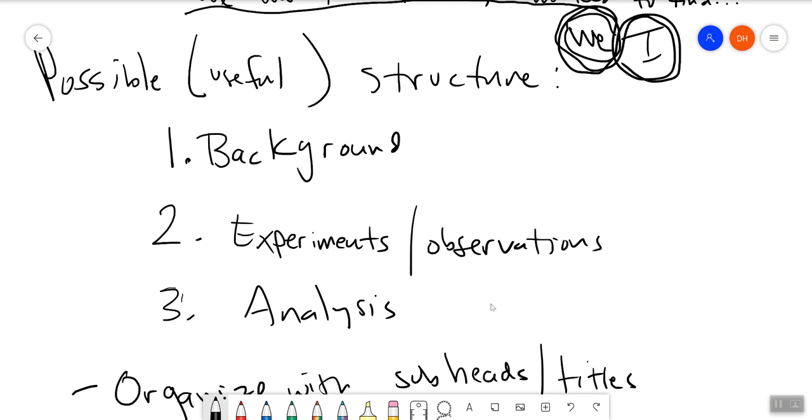So that's a pretty easy way of thinking about the methods. If I were going to suggest one model, this would probably catch most of your possible science papers. It's not going to perfectly fit every single example, but this will fit a lot of them.